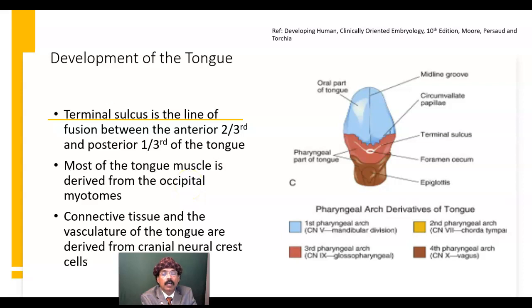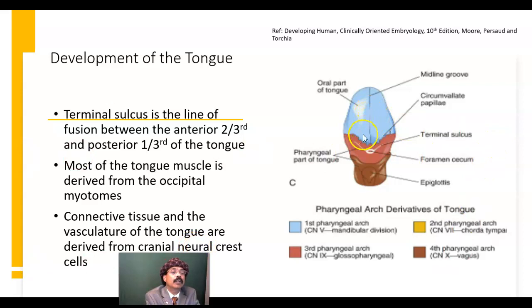So the tongue is innervated by the hypoglossal nerve mostly, with one exception, palatoglossus, which is innervated by the vagus nerve. We have to remember that connective tissue and the vasculature of the tongue are derived from cranial neural crest cells. According to our latest book, it is from the cranial neural crest cells.